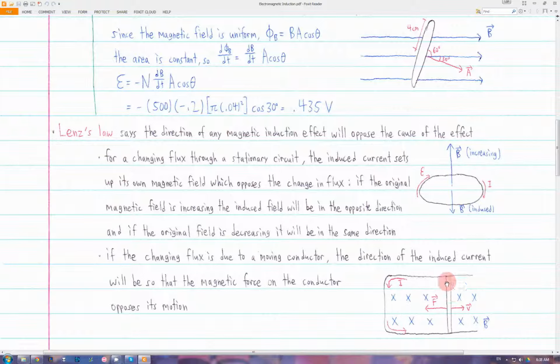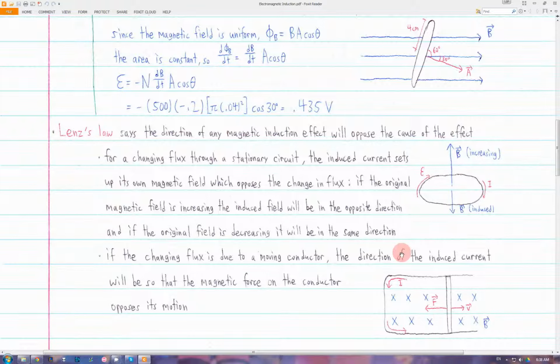So the magnetic flux is changing because the area of the circuit is changing, not the magnetic field, but the area, which is a part of the magnetic flux equation. So the cause of this induced EMF is the velocity of this moving bar.